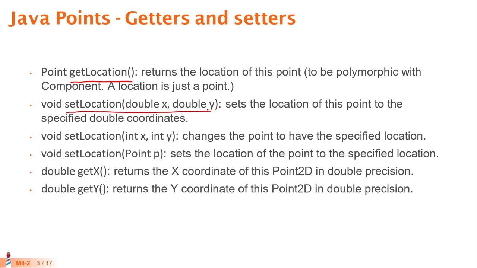In Java, being a strongly typed language, we have different implementations of this method depending on the type of the arguments, but basically we have a way of setting the coordinates of the point using doubles or ints or another point. And also we have a way of accessing these two coordinates.